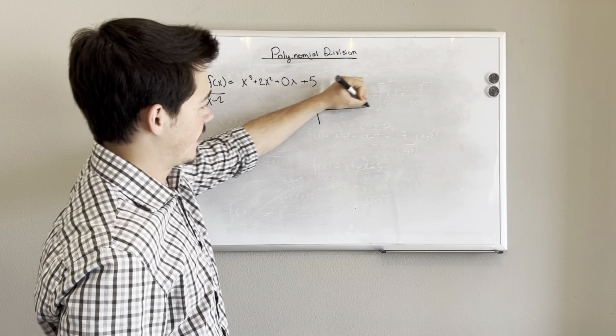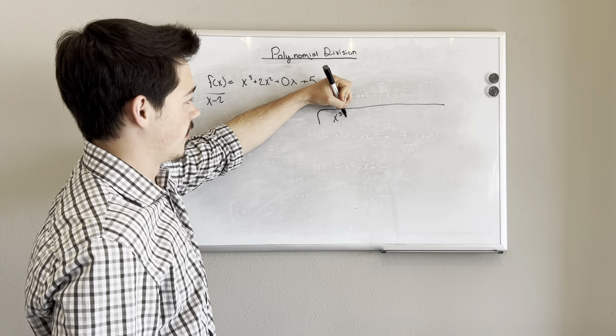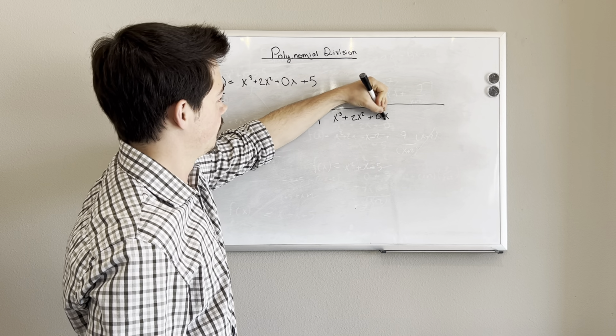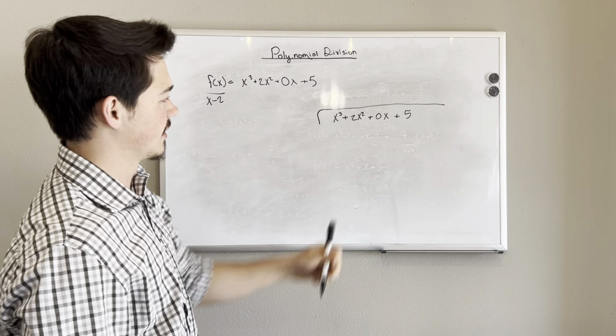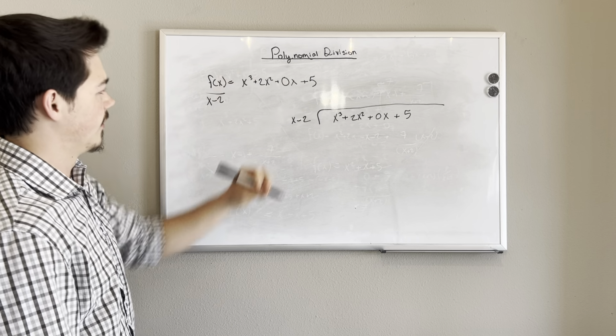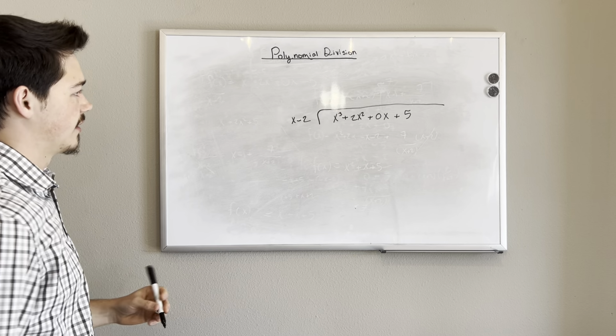So we'll go ahead and write that out in our division form. So our dividend will go inside, and our divisor will go outside. Again, I'm writing that plus 0x just to keep things organized for us. So we're going about the same process here.